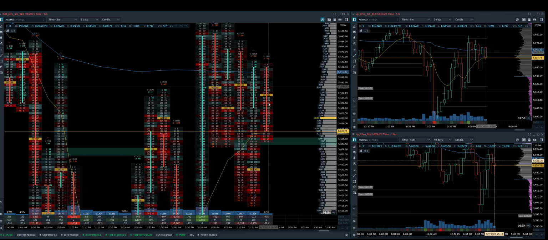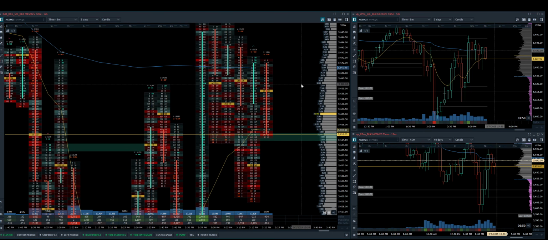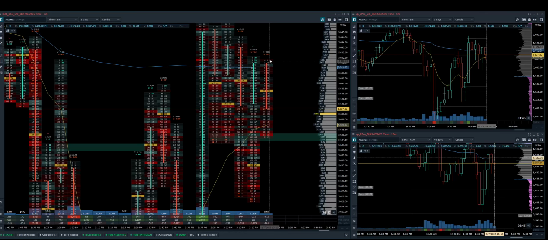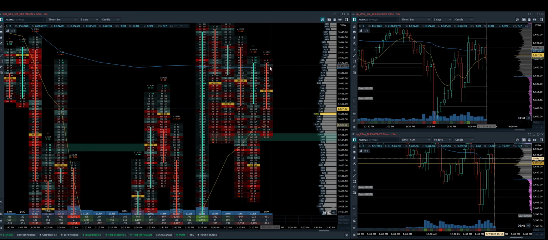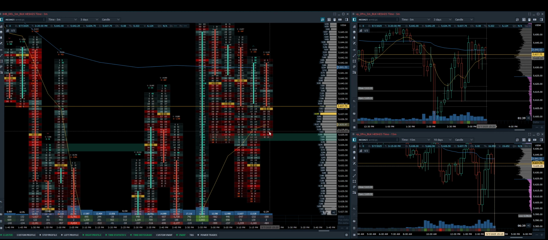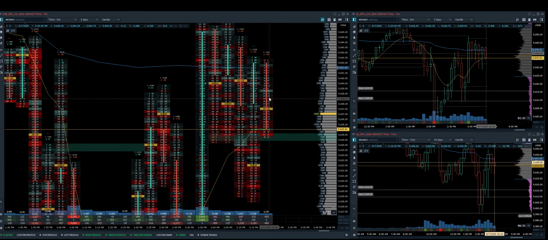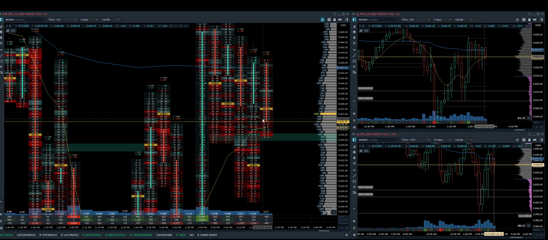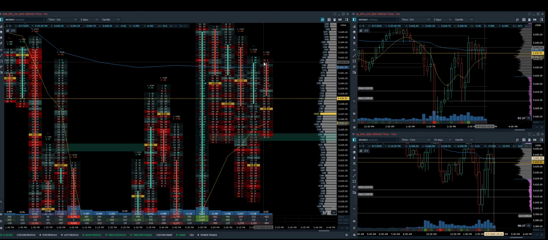These are what's called footprint charts. The numbers on the right portion of the chart are aggressive buyers or passive sellers. On the left portion of the chart, aggressive sellers or passive buyers.